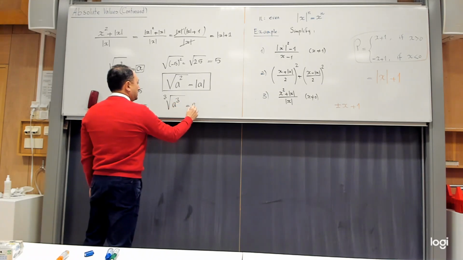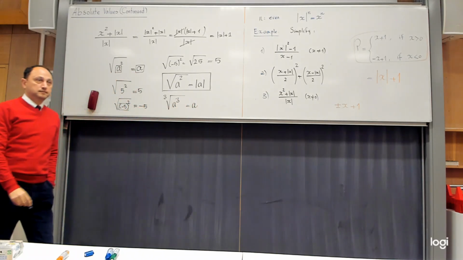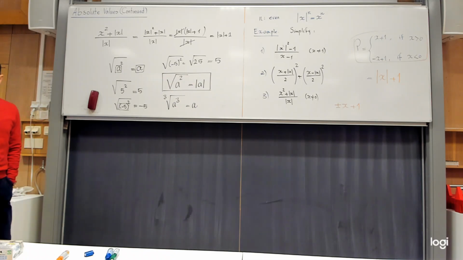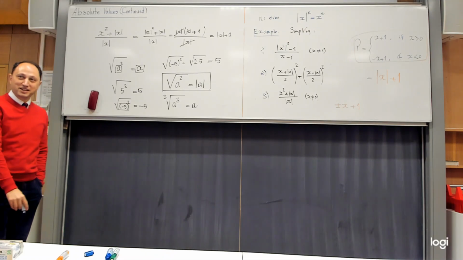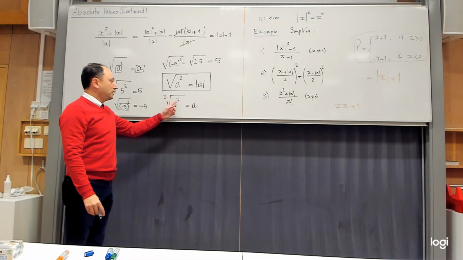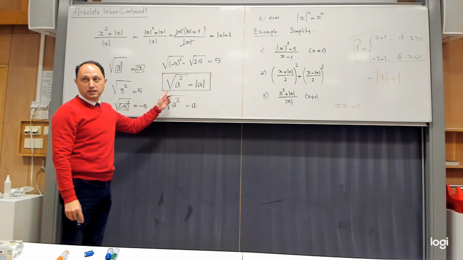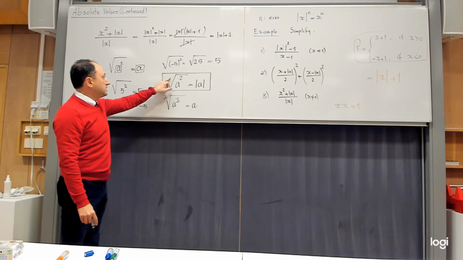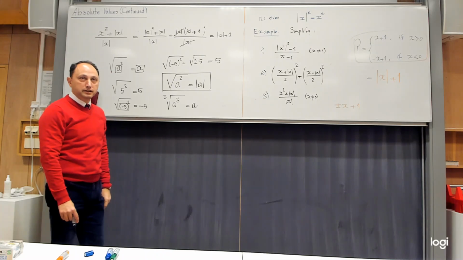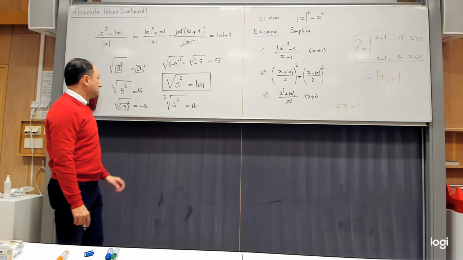Can I write a? Yes or no? No. Yes. This time, yes. Because for odd powers, we don't have any problems here. But the problem arises when this number and that number are even numbers. Okay? So is that understandable?